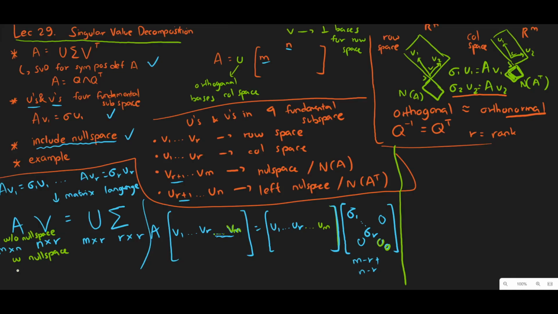So with null space, now our dimensions of A, V, U and sigma change. The A is still the same, but the V becomes n times n, and the U, you guess it, becomes m times m, and the sigma becomes m times n as well.